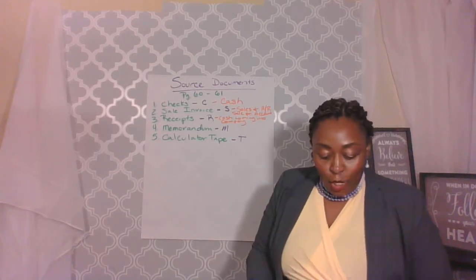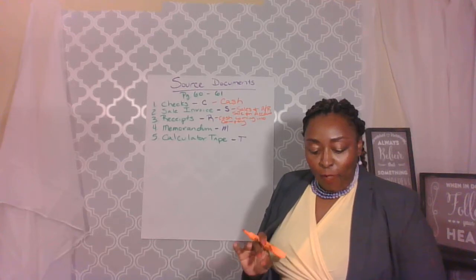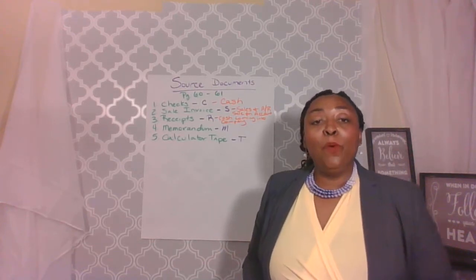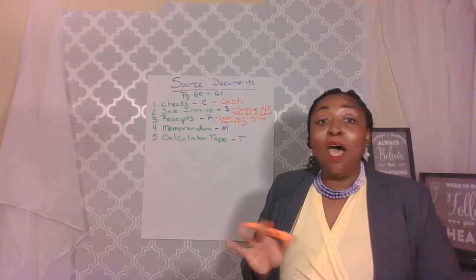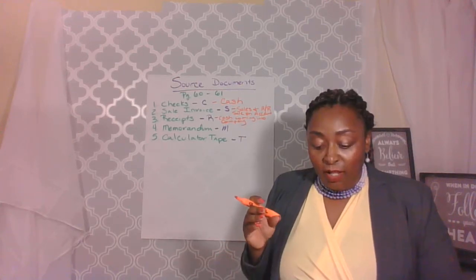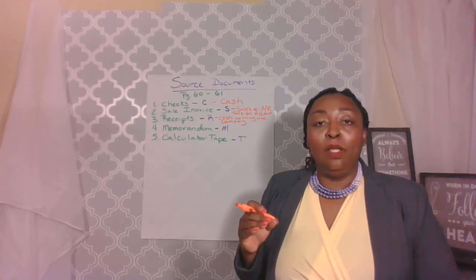Memorandum is next. A memorandum is a form in which a brief message is written to describe a transaction. A memorandum is what we use when none of the other source documents will work. The description of the transaction is written on the memorandum.